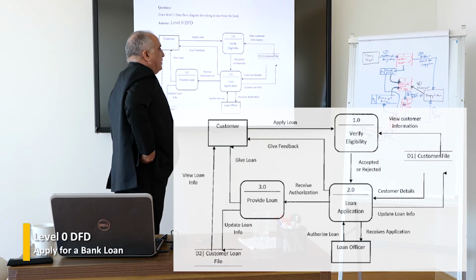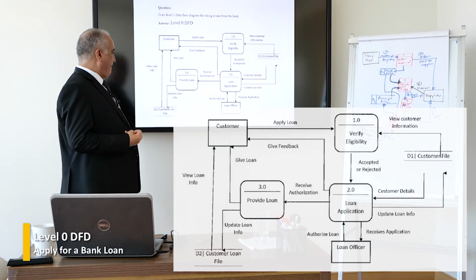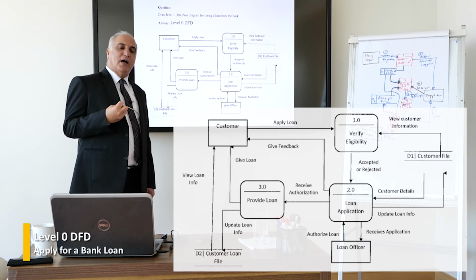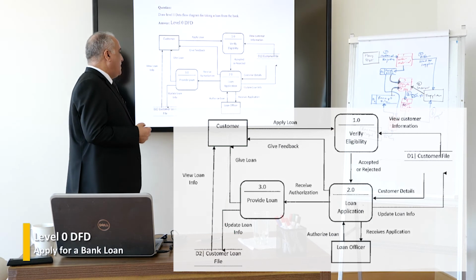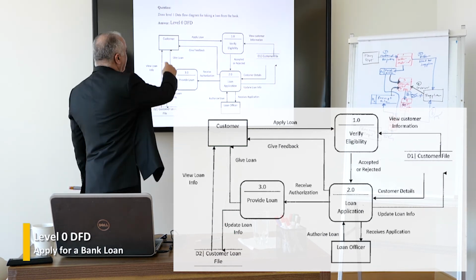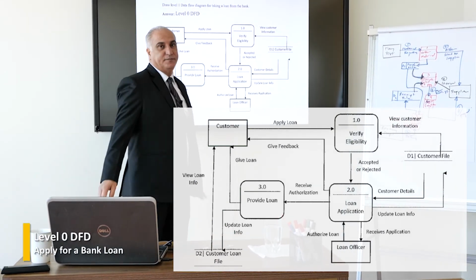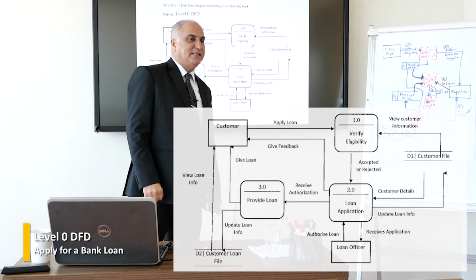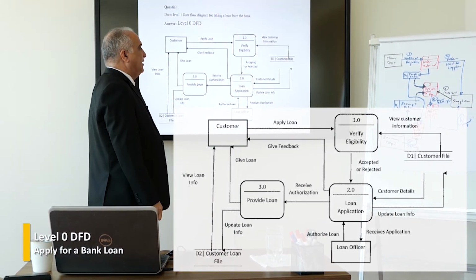So now we go with the same concept to see: a customer is applying for a loan in a bank. We have 2 external entities. One is a customer and one is the loan officer.